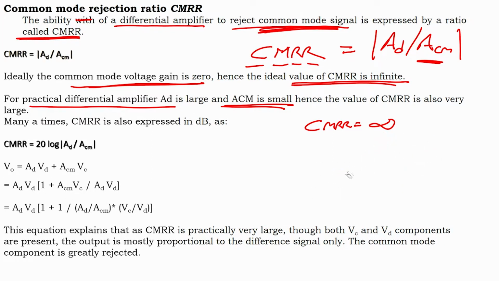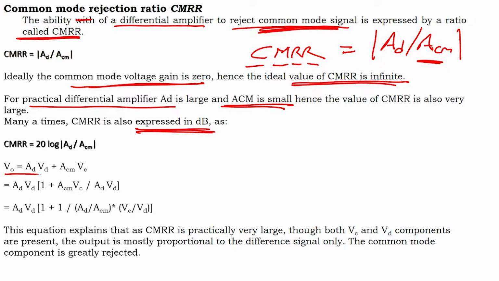CMRR is also many times expressed in decibels. Okay. And CMRR is nothing but 20 log AD by ACM. This is the value when we have to express it in decibels.